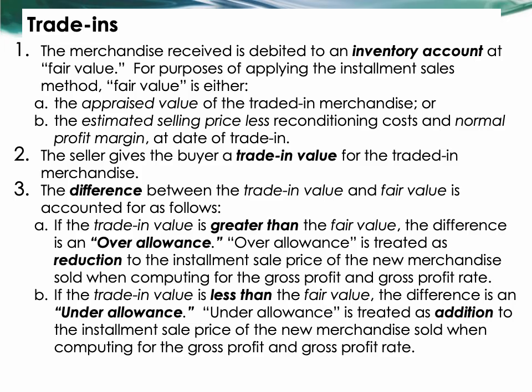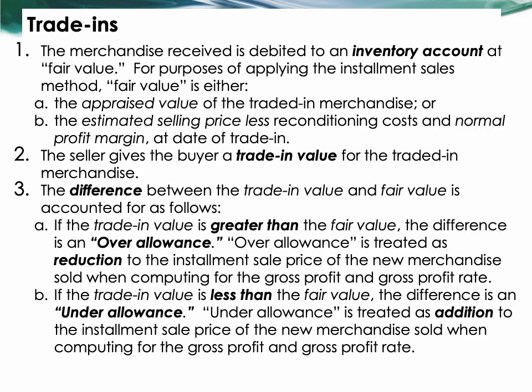And the fair value for the trade-in merchandise is similar to the definition for repossession, which is either the appraised value or the estimated selling price less reconditioning cost and a normal profit margin. The complication comes when the trade-in value, or what we promised the buyer, differs from the fair value, or what it is actually worth to us.